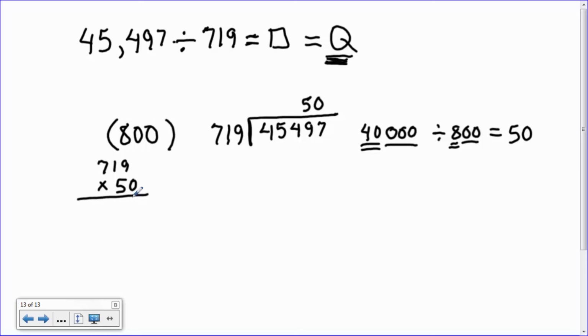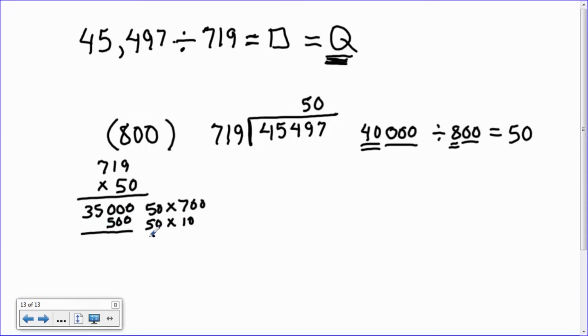Well, if you were to use a table, you would get the 719s. Now this is 50. So the first one would be 50 times 700, I'm going to go over to the left-hand side. So you would get this product, 50 times 700, which is 35,000. And then it's 50 times 10, which is 500.